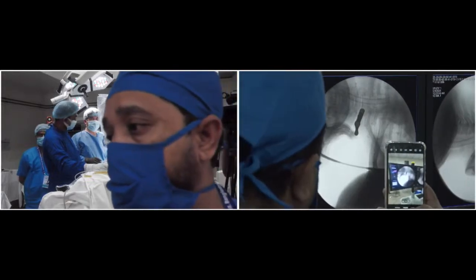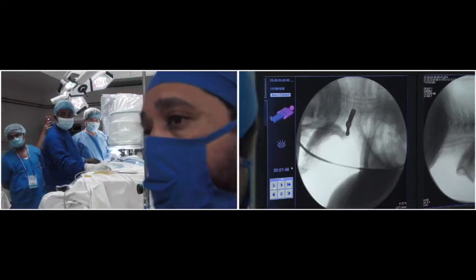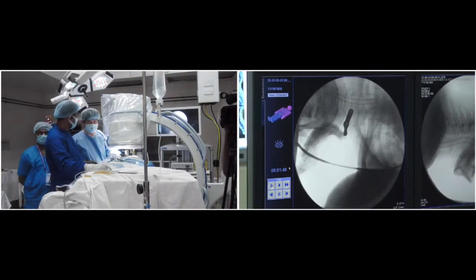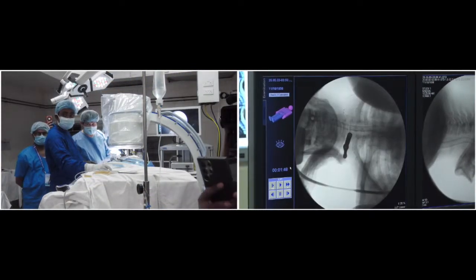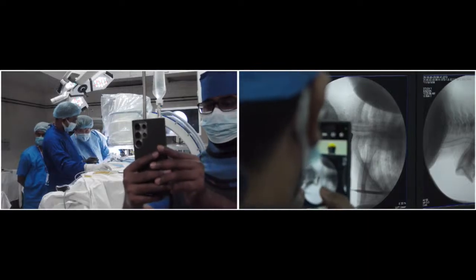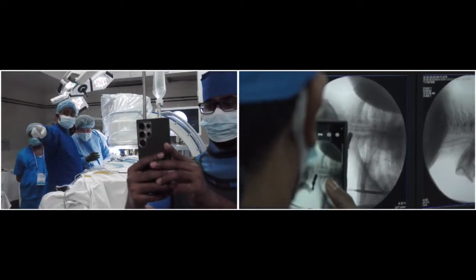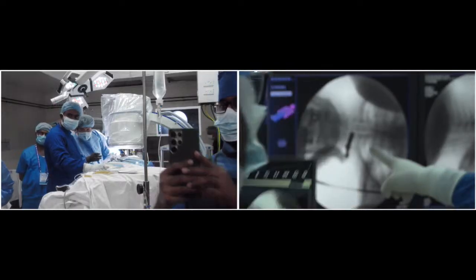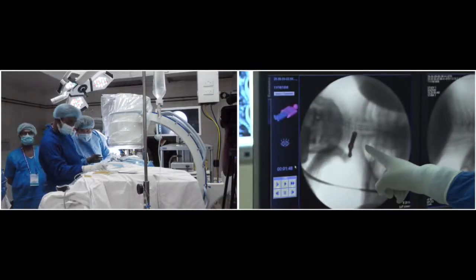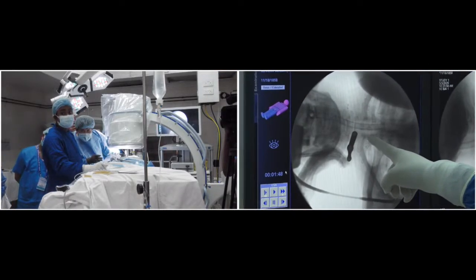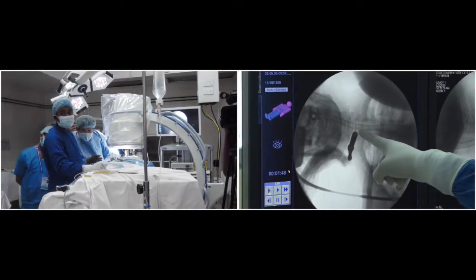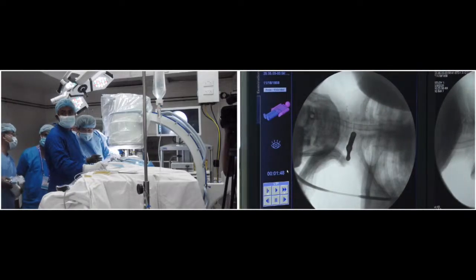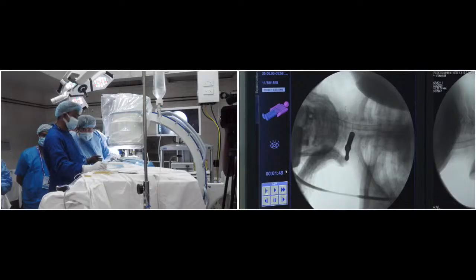Okay, it's okay. Level is correct. I cannot see. Down. T1. There is T1. There is C7. C7 is this. Shoot. You are a little bit down.